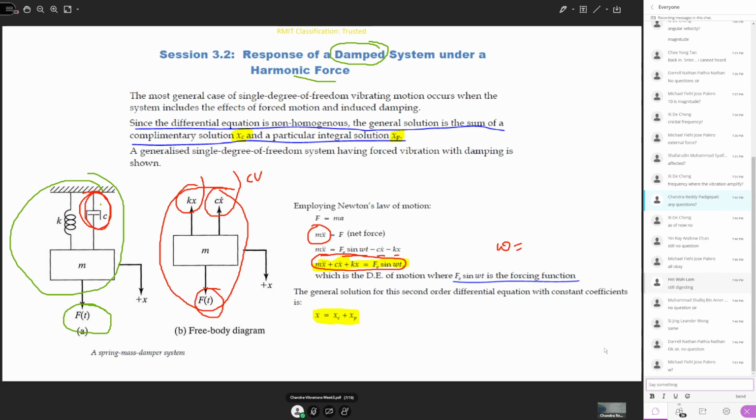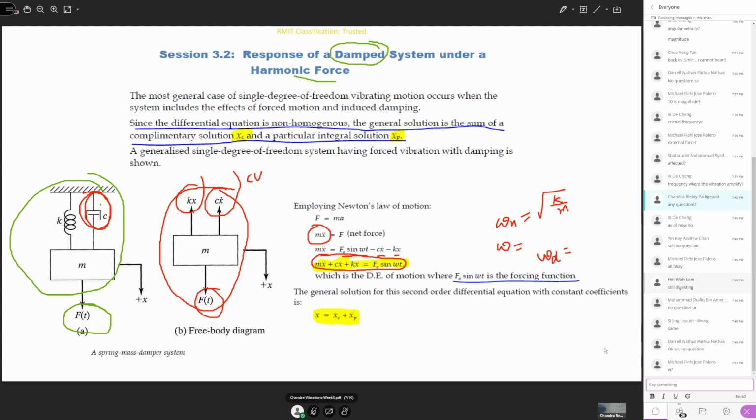Omega n is the natural frequency, and we can always write omega n as the square root of K by M when you are dealing with a spring and a mass. Omega is the external force frequency, and omega d is the damped natural frequency.